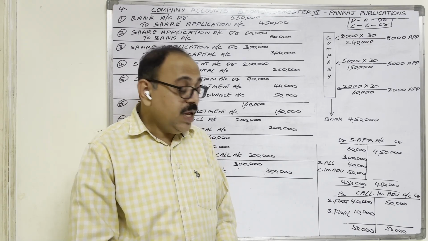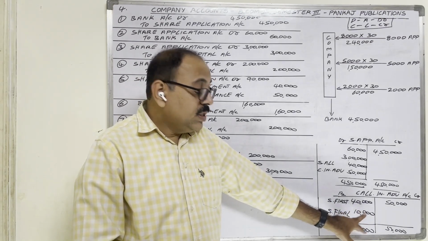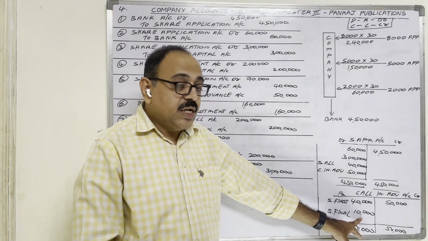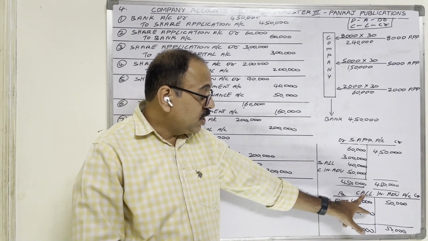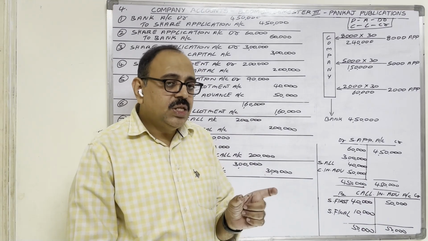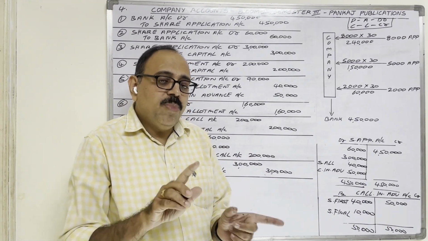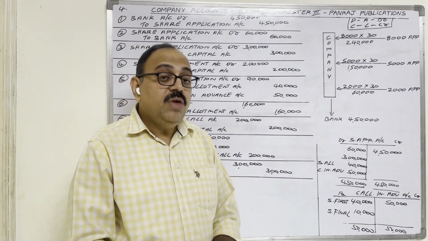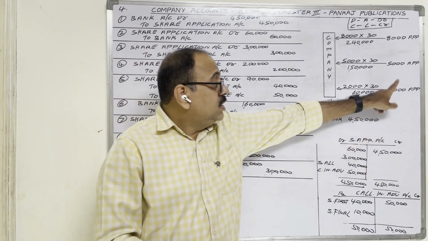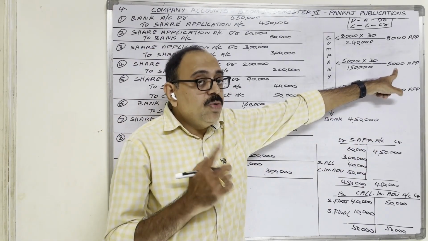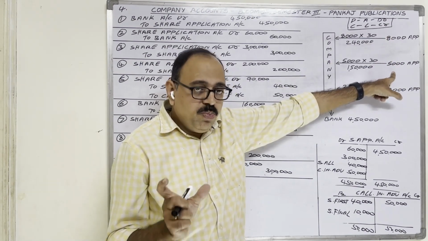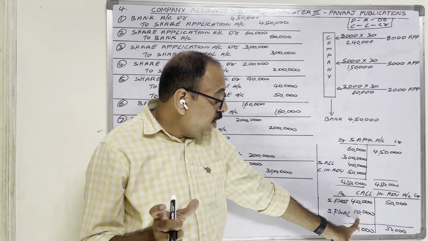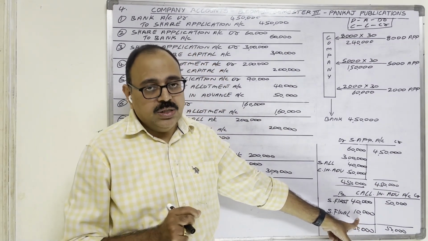So what happened here? The balance 10,000 is transferred to share final call account and calls in advance account is closed. Out of 60,000, up to 10,000 the company can adjust. The remaining 50,000 the second category applicants should pay to the company. So in total 3 lakh they should pay. 10,000 the company can adjust from calls in advance.